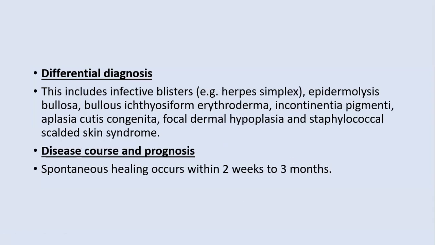The differential diagnosis is from infective blisters like herpes, then also epidermolysis bullosa, which causes scarring, bullous ichthyosiform erythroderma, incontinentia pigmenti, aplasia cutis congenita, focal dermal hypoplasia, and staphylococcal scalded skin syndrome. Spontaneous healing occurs in 2 weeks to 3 months.